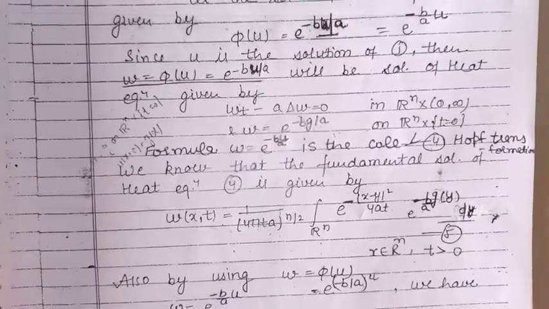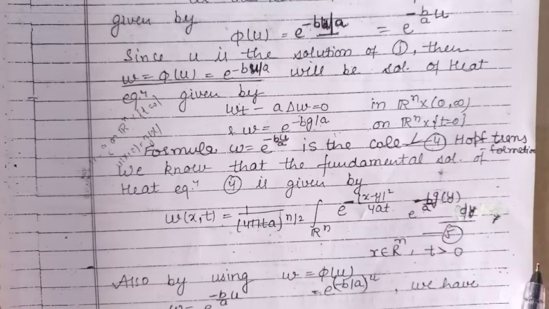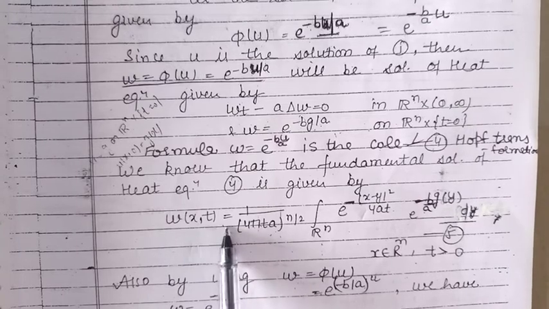Now, we have already discussed the fundamental solution for the initial value problem for heat equation. So, by using that formula, we can find the value of w at the point x, t.